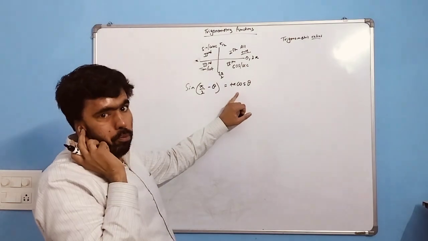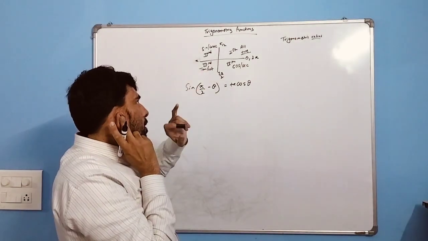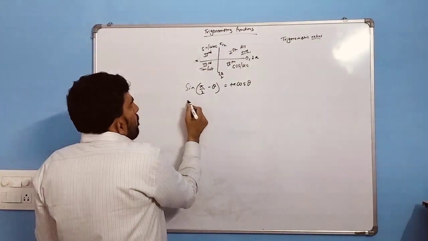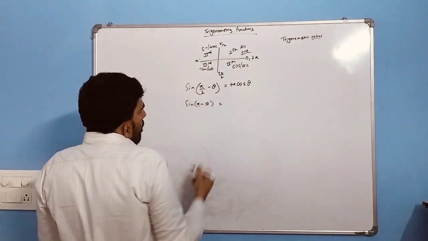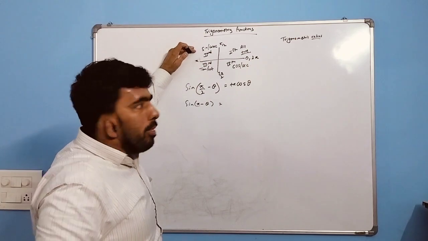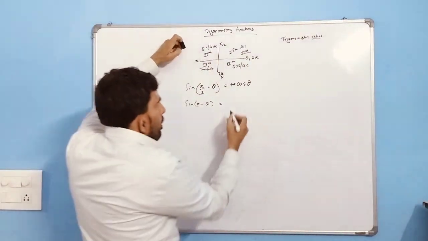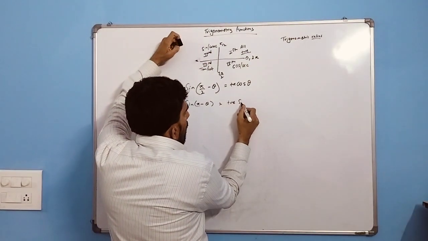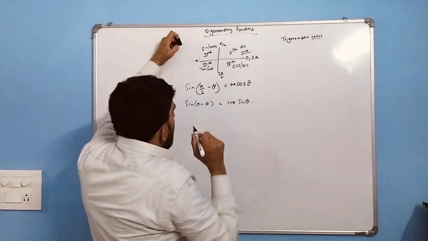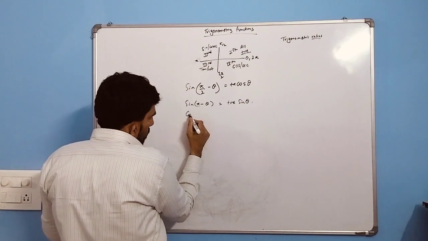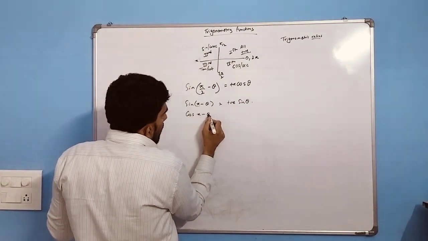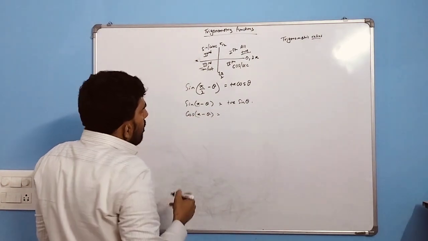One more thing we need to learn is that only at pi by 2 the trigonometric ratio changes. Only at pi by 2. It doesn't change at pi. For example, if I use sine pi minus theta, I am talking about second quadrant. Here sine is positive, so sine theta will be there. If I write cos pi minus theta, what will happen?